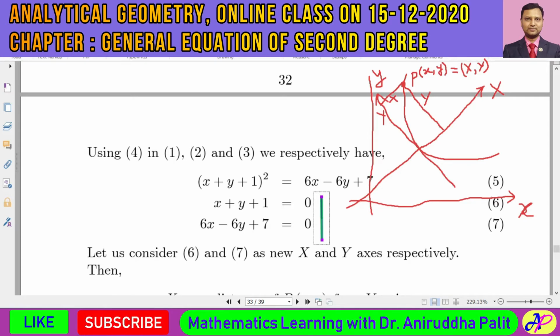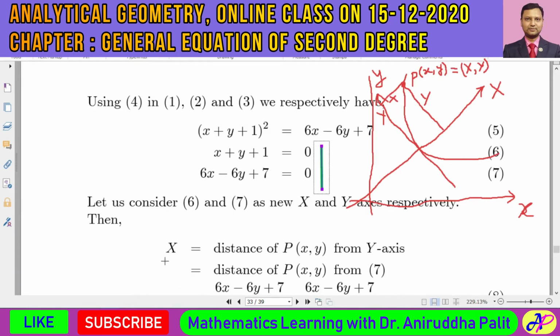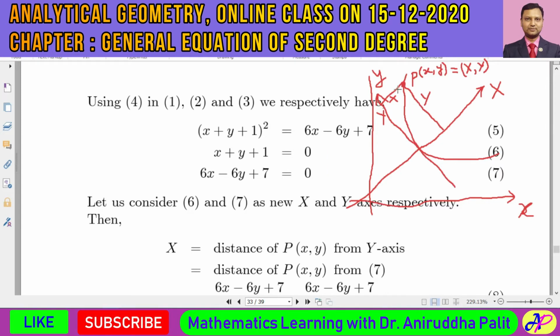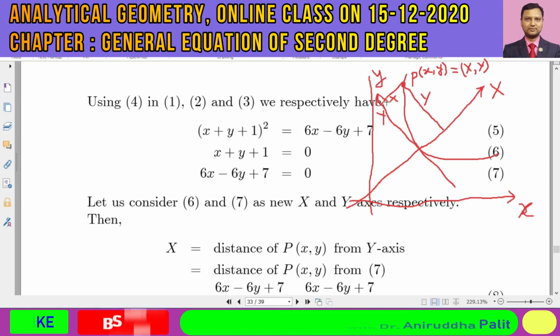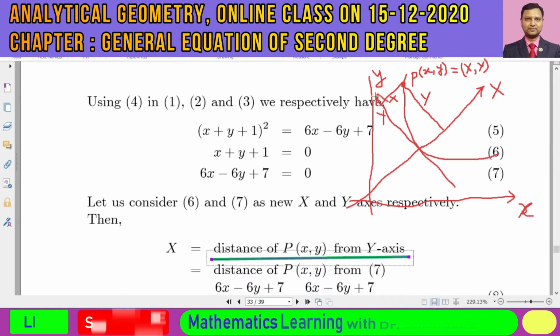Got it? And therefore we consider the value of capital X. What is capital X? I have shown over here capital X. This distance capital X is equal to the perpendicular distance of P from the capital Y axis.